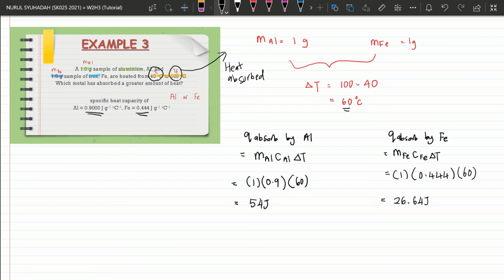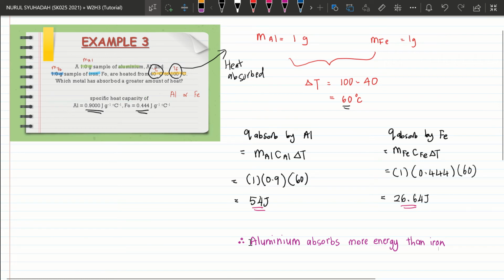Okay, so if you compare these two values, 54 and 26.64 joule, we can make a conclusion that aluminium will absorb more energy than iron, just by comparing the heat absorbed by the two metals. Okay, so now let's move on to the final question.